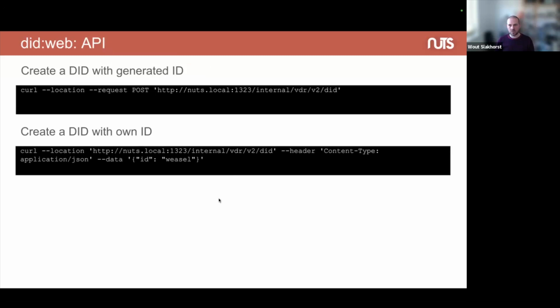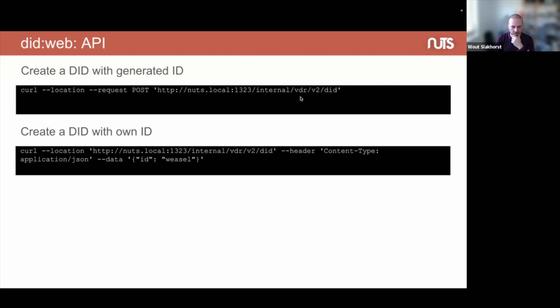Okay, so the new DID method also means we added a version 2 API for the VDR. You can see here that it says /internal/vdr/v2 for creating and managing your DID documents. The reason behind this is because DID Web is also stored in the SQL database, so it's much easier to do CRUD operations on it.